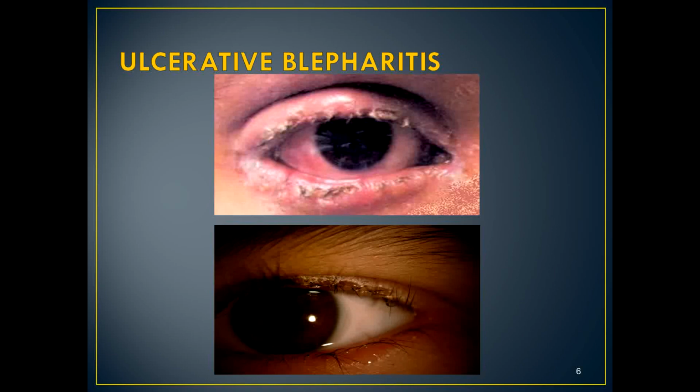If you remove these thick scales, you can see a small bleeder at the base. Usually seen in a younger age group, it is not associated with other skin diseases. Staphylococcal infections are normally associated with it.